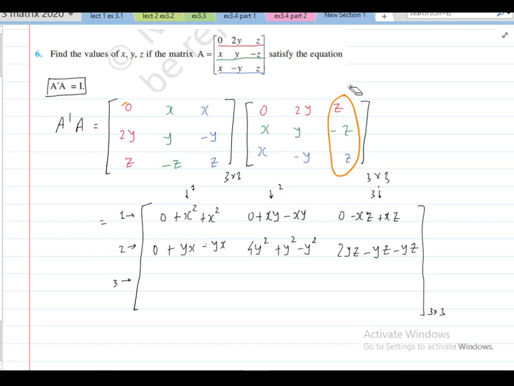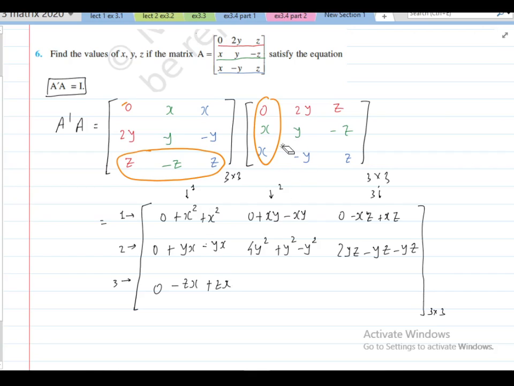Okay, now Krishna beta, can you not speak? Third row, sorry, third row and first column, 0, minus xz plus xz. Now third row, second column, so 2yz, 2yz minus yz, again minus yz, and last column, z into z, z square plus z square plus z square, right?